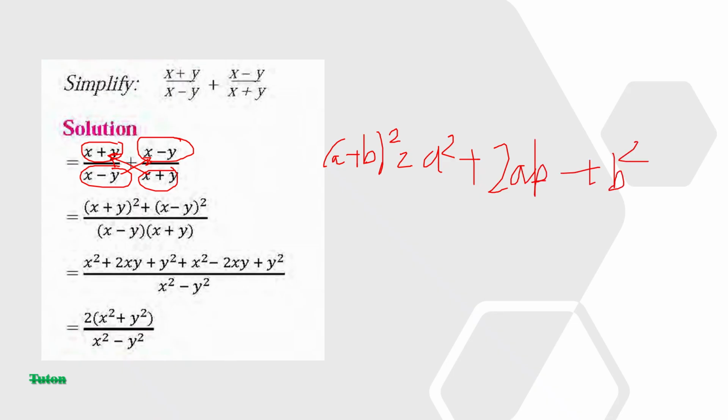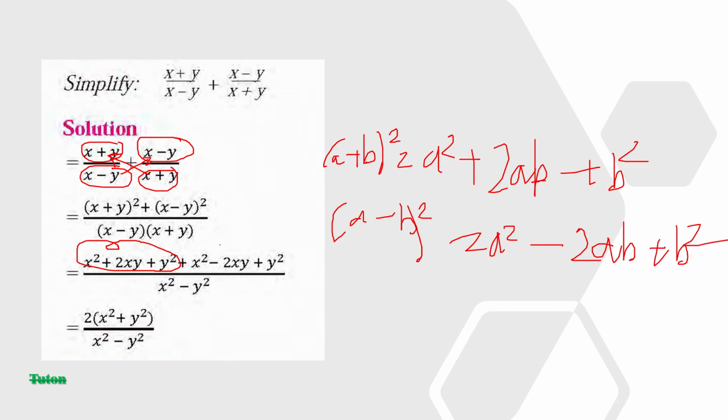And here we can see that x plus y is opened as x squared plus 2xy plus y squared, and the formula for a minus b square would be a square minus 2ab plus b square.